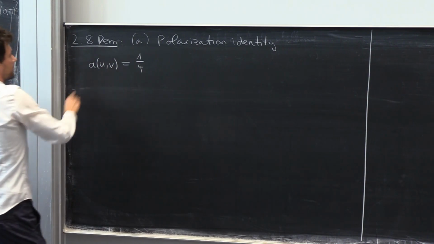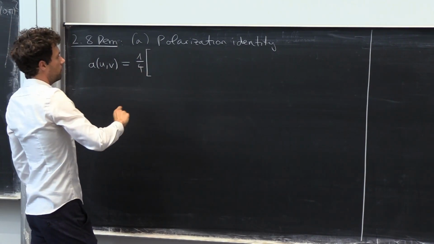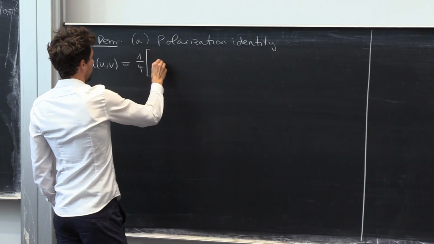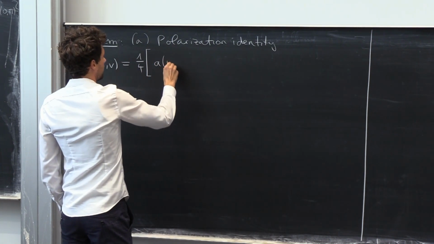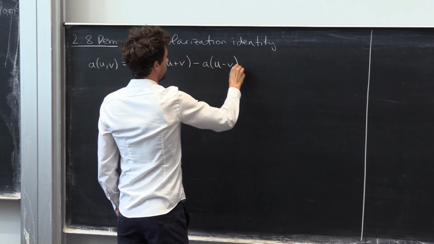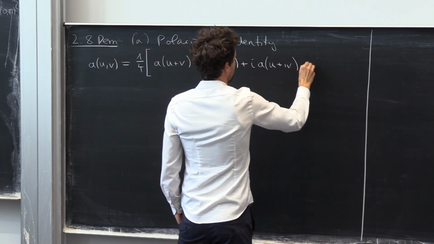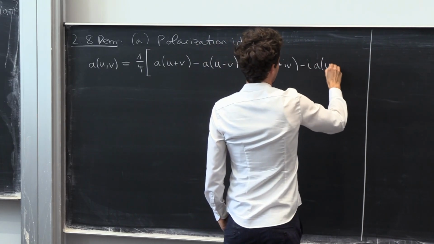So how do I write the sesquilinear form in terms of the quadratic form? There's going to be a 1 over 4 in the complex setting, and then it's going to be A of u plus v minus A of u minus v plus i times A of u plus iv minus i times A of u minus iv.